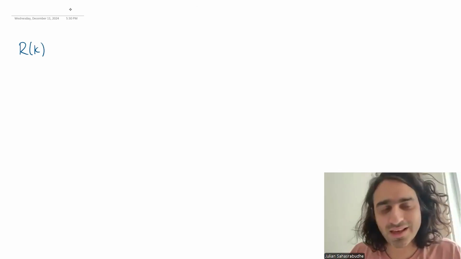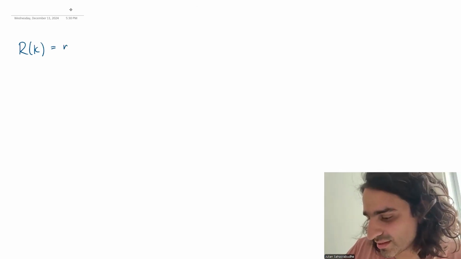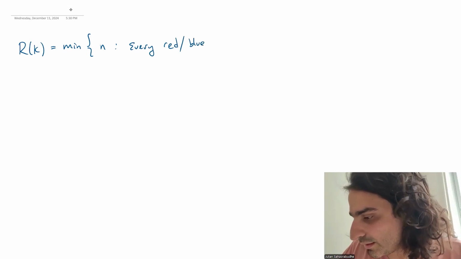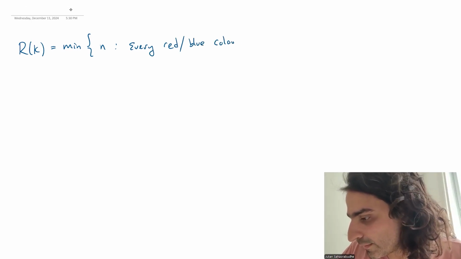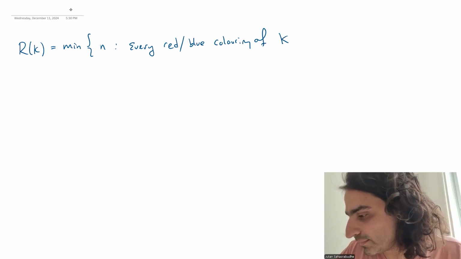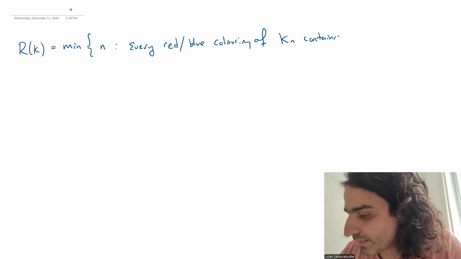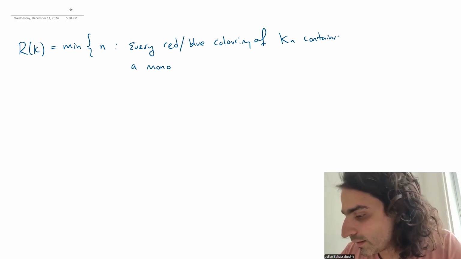Good, okay, so I'd like to talk about the Ramsey numbers, and I'll just jump in and define what those are. So the main object of study is R(k), k an integer, which is just the minimum n such that every red-blue coloring of K_n, or the edges of K_n, contains a monochromatic K_k.